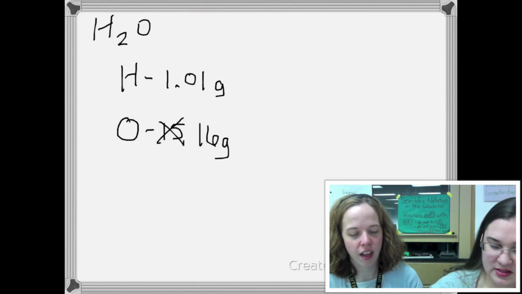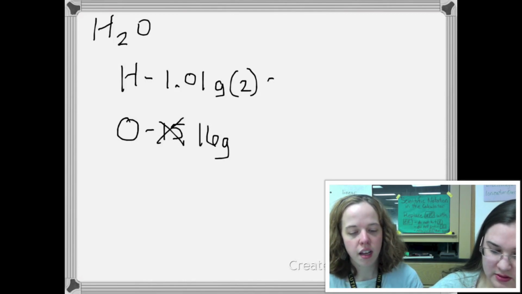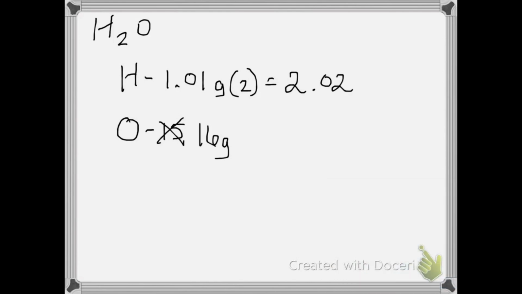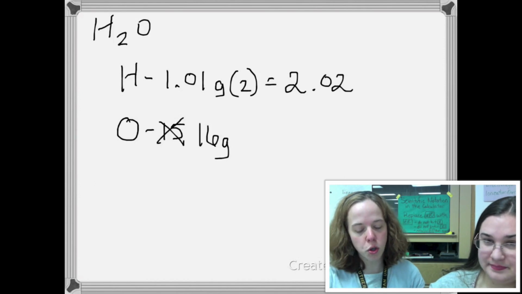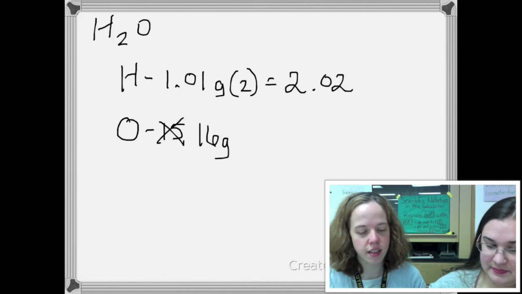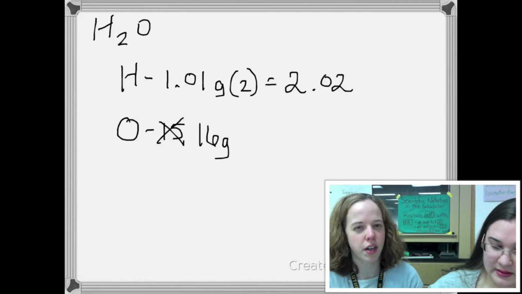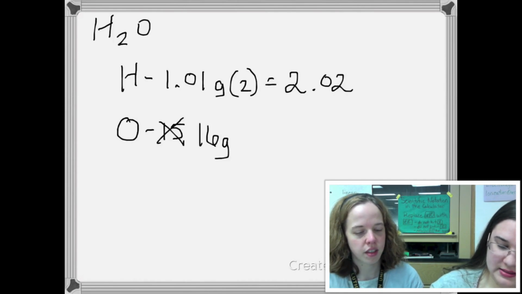But we had two hydrogens, so we need to take that into account. So it's going to be about 2, so 2.02 if we want to be particular. We know we have 2.02 grams of hydrogen and 16 grams of oxygen. What do we need to do with that to find our total molar mass?